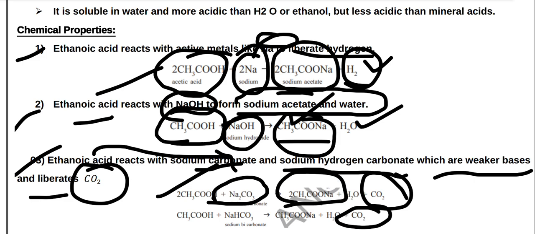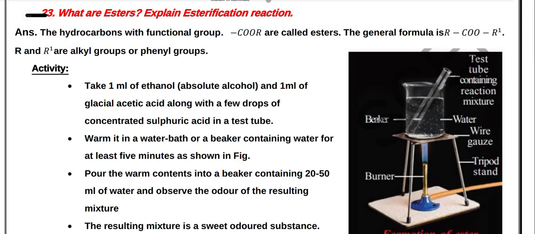So this is sodium acetate, and CH3COOH plus NaHCO3, that is sodium bicarbonate, releasing sodium acetate plus carbon dioxide. These are the chemical properties of CH3COOH, the weakest acid.